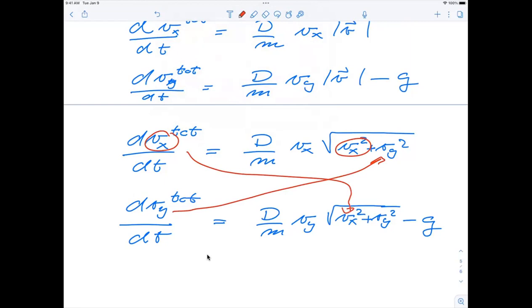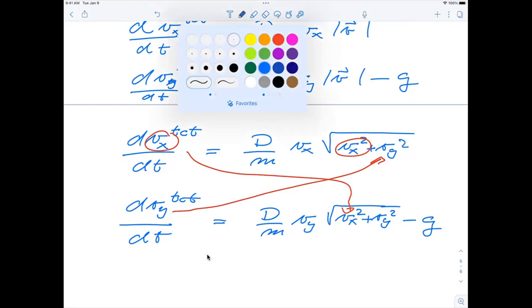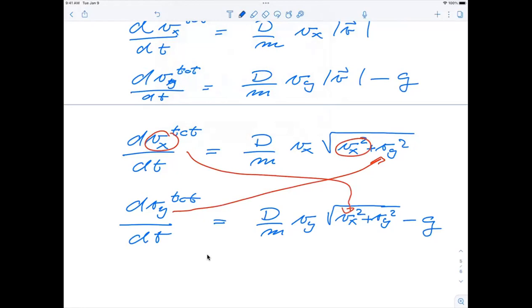When you see something like that, that is a clear hint that you may not be able to find an analytical solution, because now we have to know the value of v of y when we solve the equation for v of x.